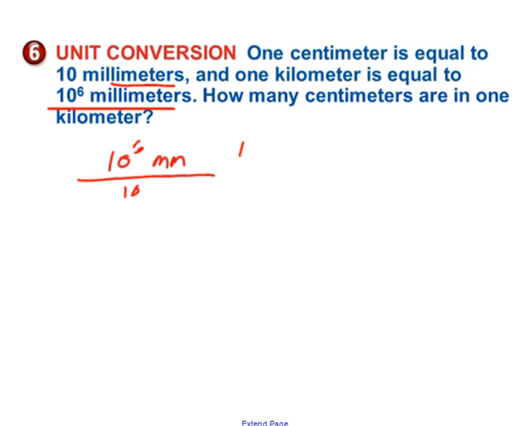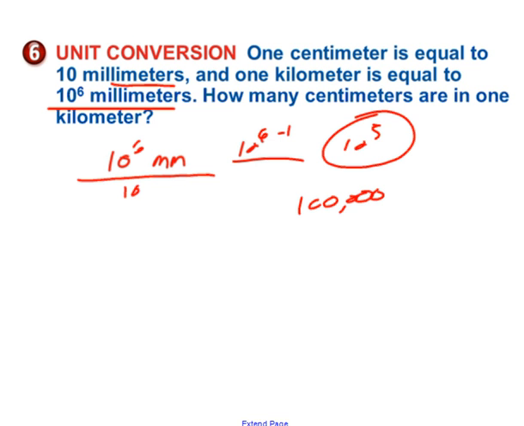If I do this, I've got 10 to the 6th minus 1, which would be equal to 10 to the 5th, and that's how many centimeters there are in a kilometer. So it'd be 1 and 5 zeros. So it'd be 100,000 centimeters is equal to 1 kilometer.